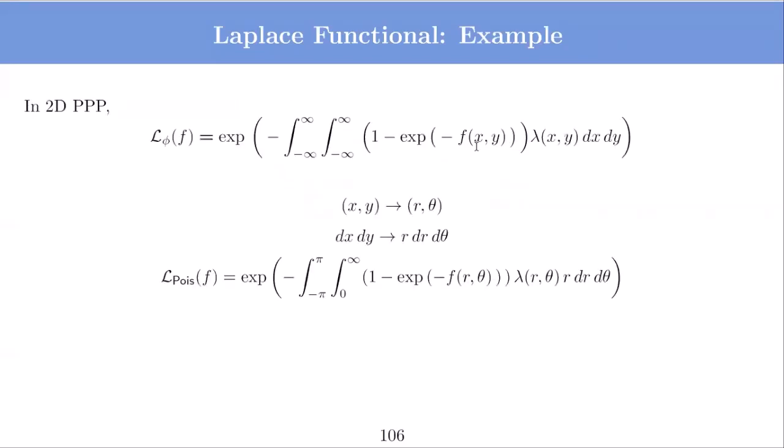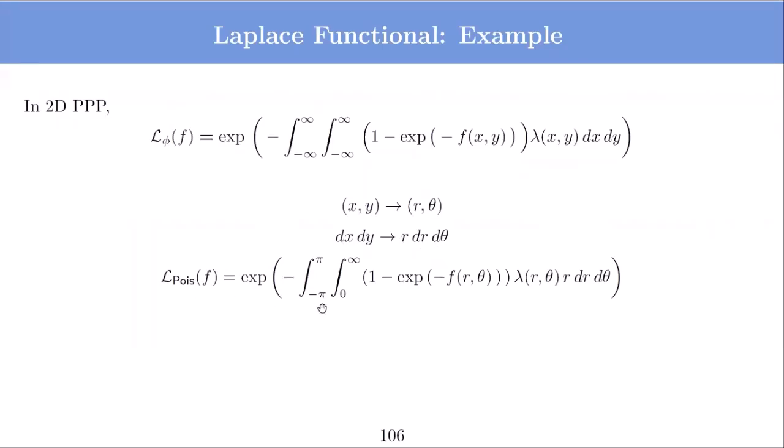Where can we use this Laplace functional? Let's see how we can also simplify this further. For a two-dimensional point process, I can either write in terms of Cartesian coordinates, or in terms of polar coordinates. Polar coordinates are sometimes very useful. So for polar coordinates, I will convert xy to r theta. In that case, dx dy will become r dr d theta.